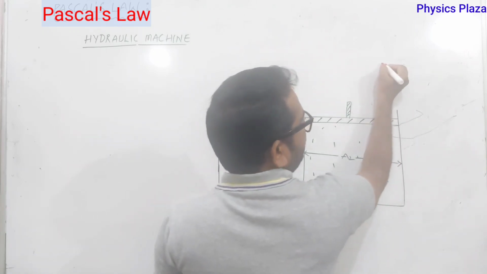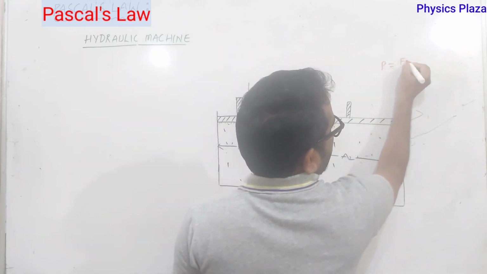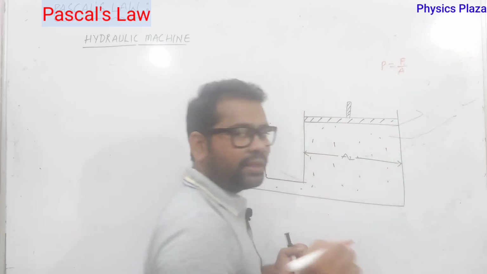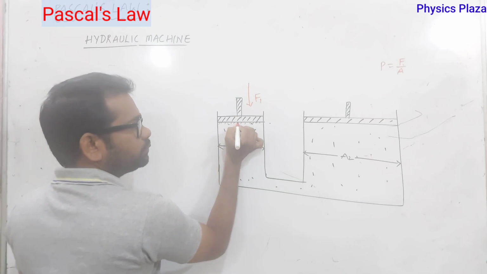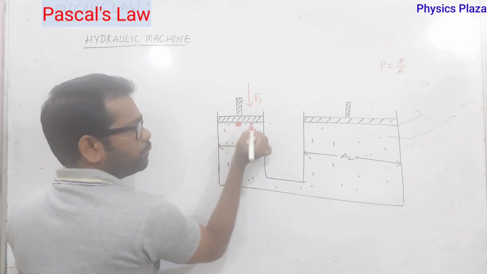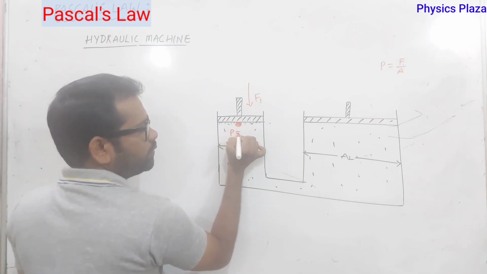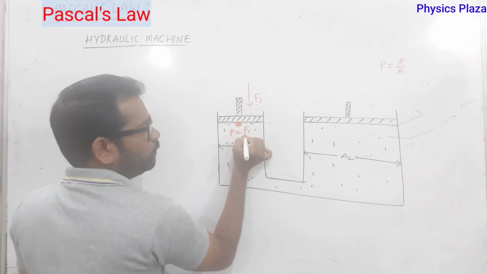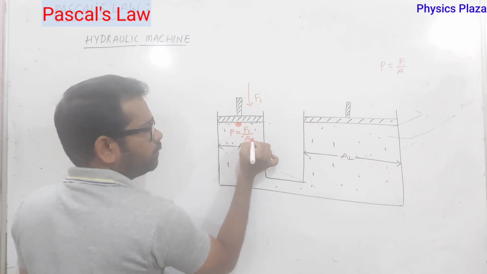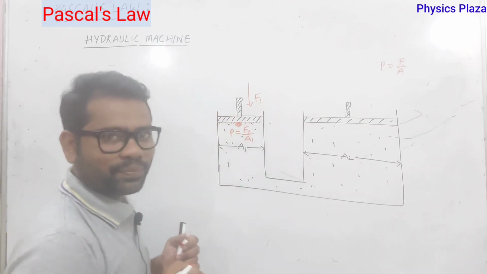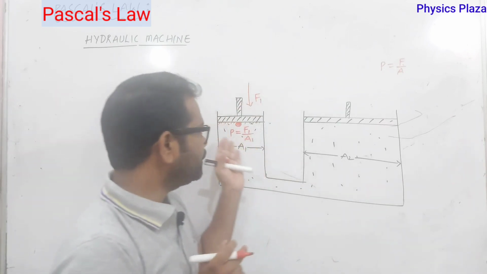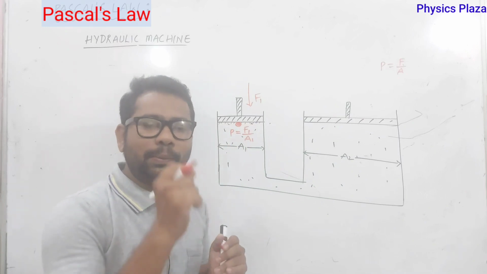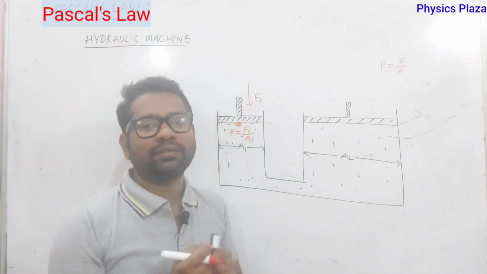We know that pressure is equal to force by area. So how much pressure are we giving at any point of this confined liquid? F1 by A1 pressure we are giving.